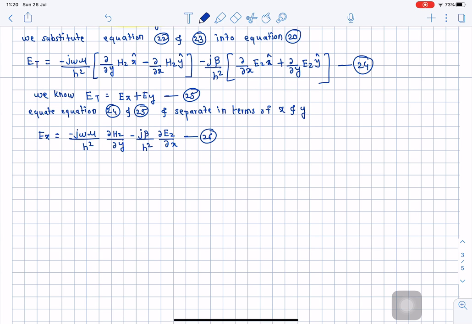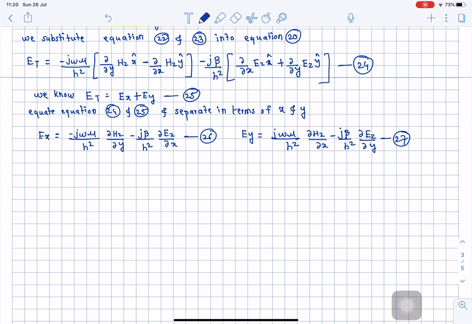Similarly, equating the y component on both sides, finally Ey is equal to j omega mu upon h square, daba Hz by daba x, minus j beta upon h square, daba Ez by daba y. Let us call this equation number 27.